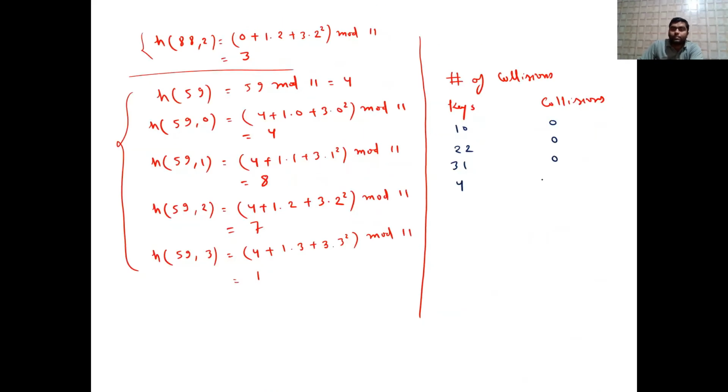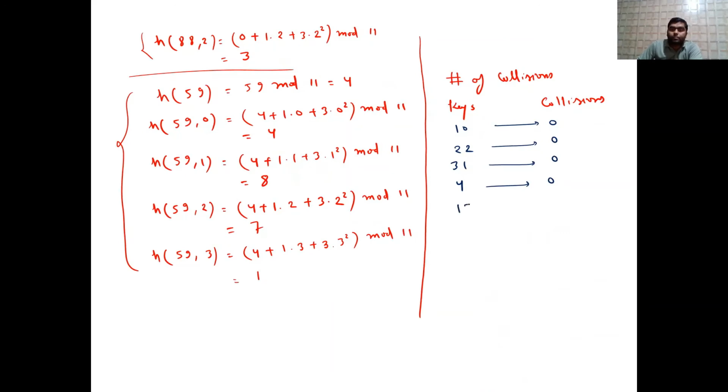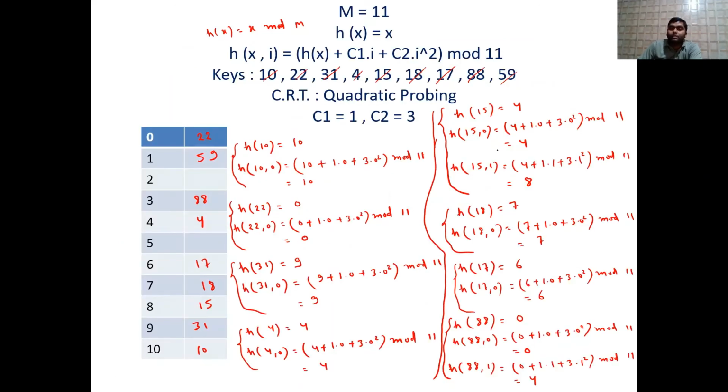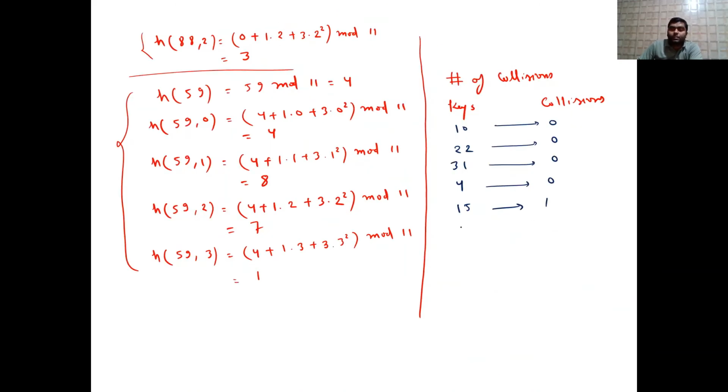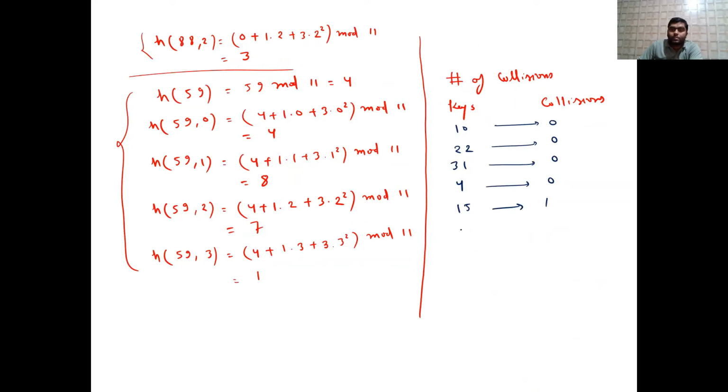So this is the 0 for this. Now after 4, 15. In case of 15, observe carefully, there is one collision. And in case of 17, no collision. 18, no collision.